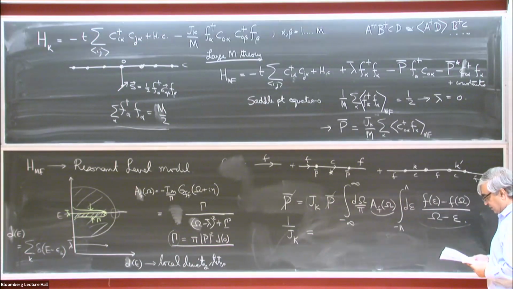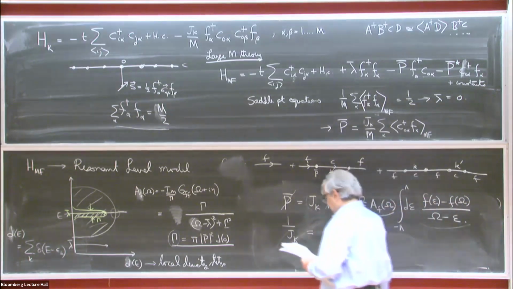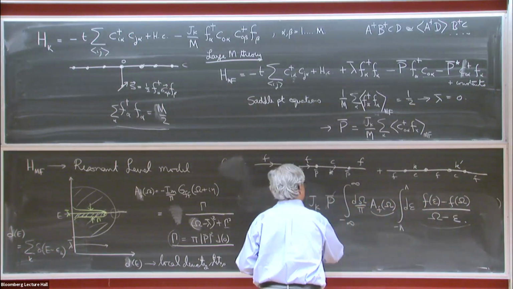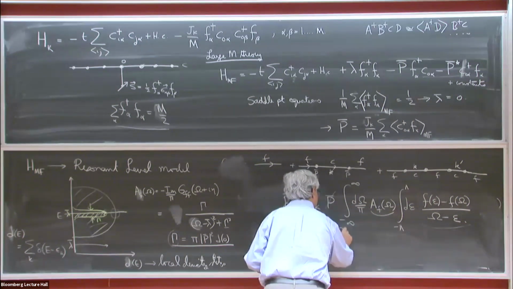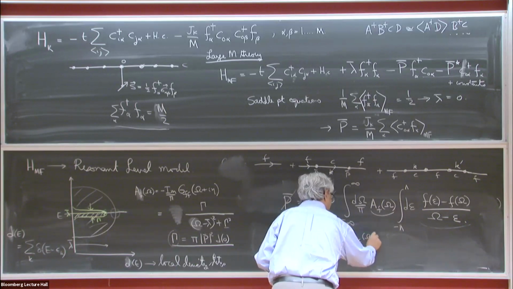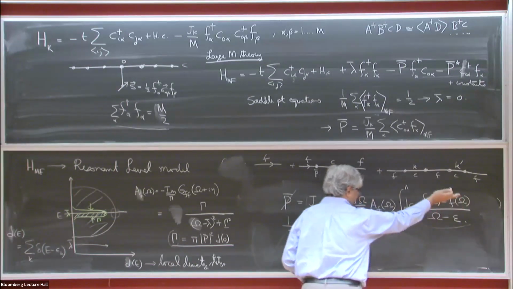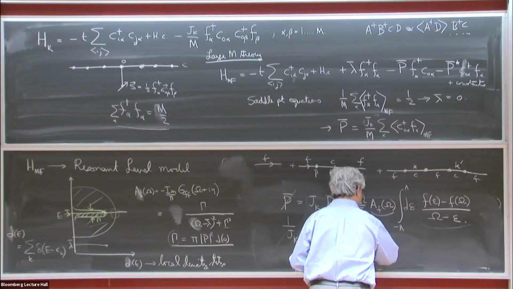And you go ahead and evaluate this. First of all, you do this integral very carefully at low temperatures. This is just an integral of a Fermi function, so you can do it. And this turns out to be d of 0.